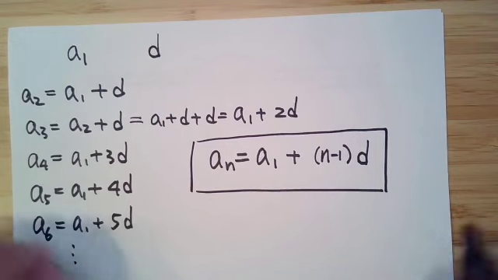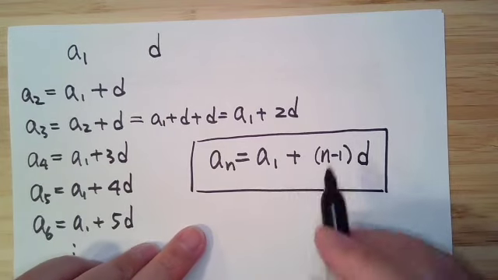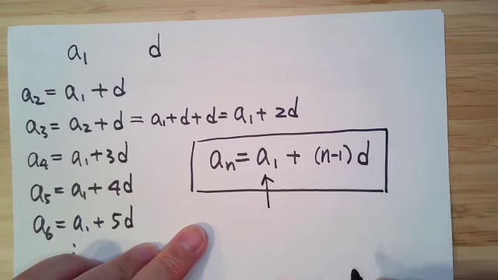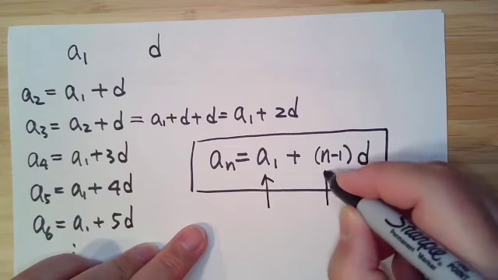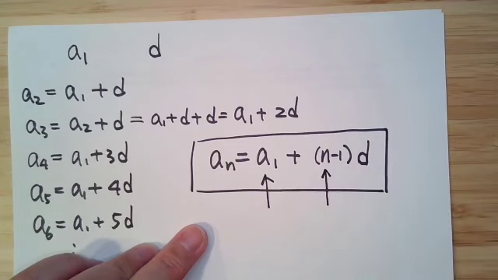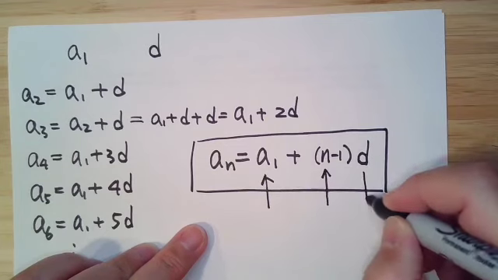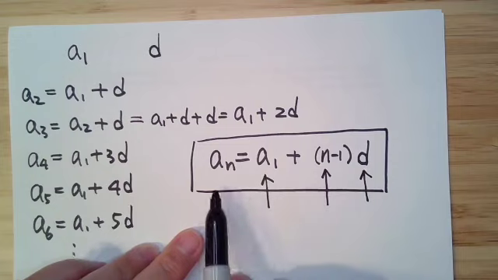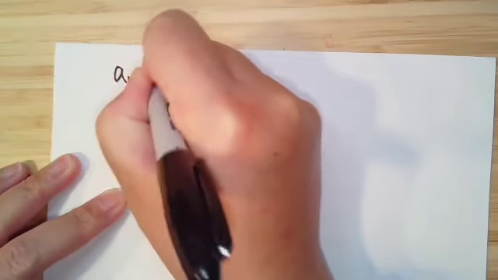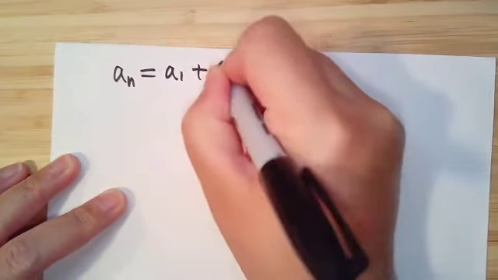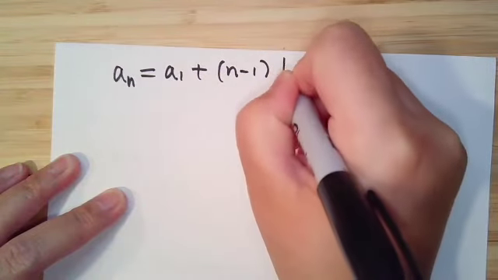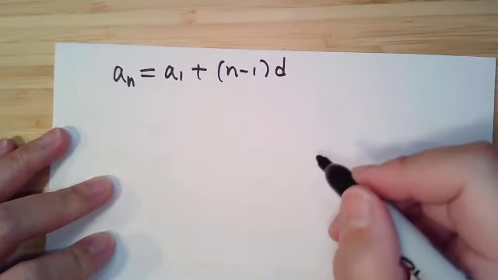All right. Now, the good thing is, if A1 is given, and in most cases it is, and I want to know which term I'm looking for, if I know D, can I find AN? Of course. So let me write the formula again. AN equals A1 plus N minus 1 times D. Now let me do this.